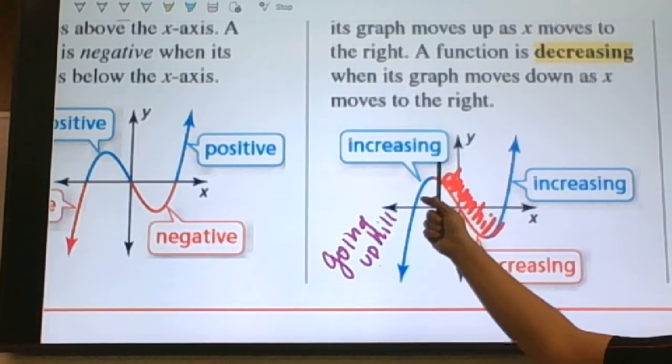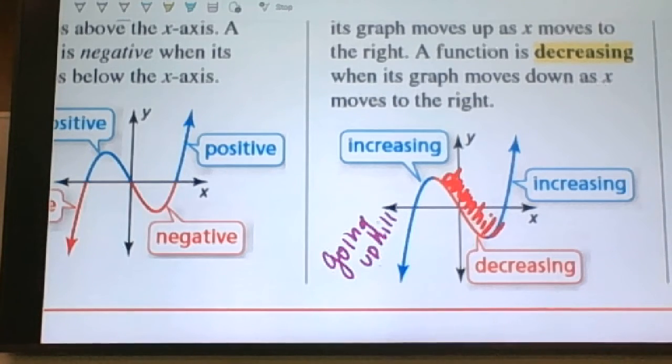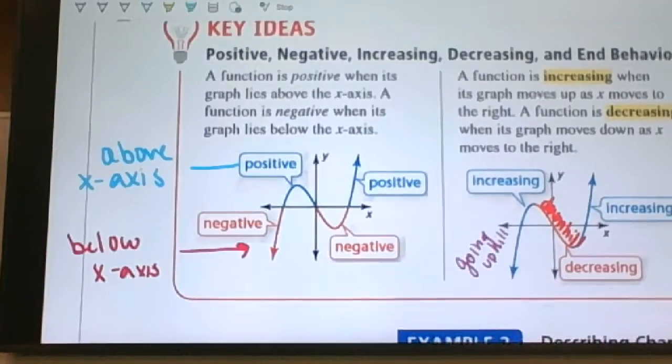Uphill, increasing. Downhill, decreasing. So positive and negative is not the same as increasing and decreasing. You got it, Gina? They're not the same. Positive, negative, increasing, decreasing, they describe different things.